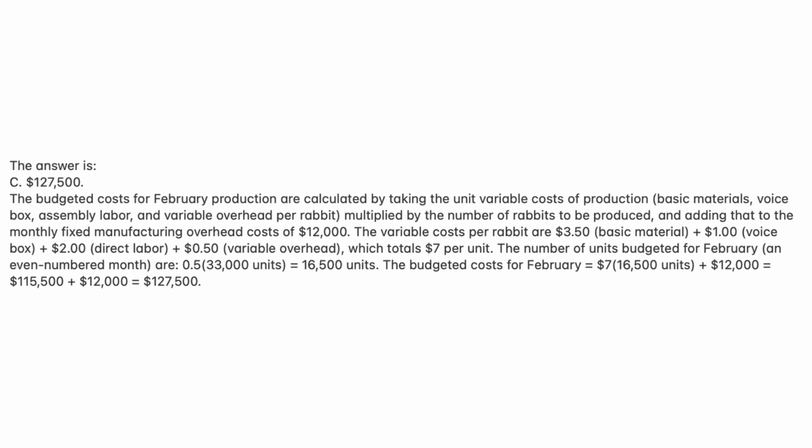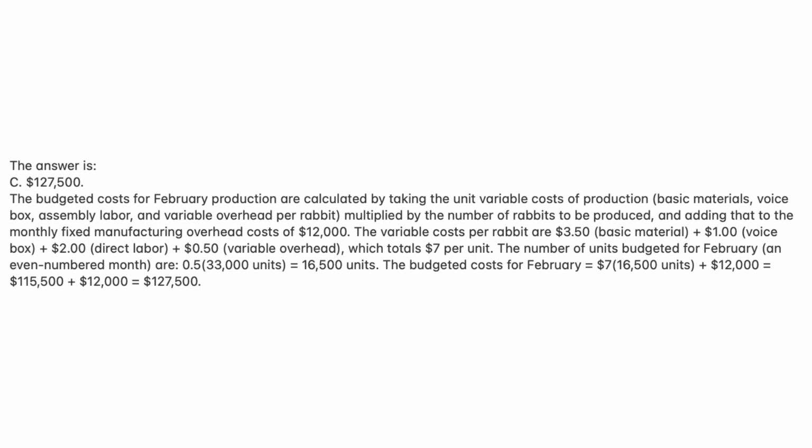The variable costs per rabbit are $3.50 basic material, plus $1 voice box, plus $2 direct labor, plus 50 cents variable overhead, which totals $7 per unit. The number of units budgeted for February, an even-numbered month, is 0.5 times 33,000 units, which equals 16,500 units.